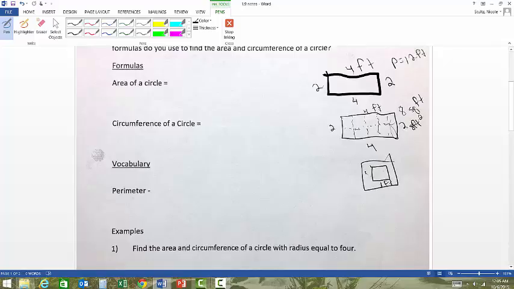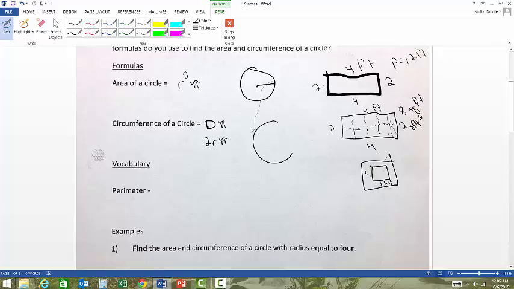When we talk about the area of a circle, as a reminder, our formula is radius squared times pi. When we look at a circle, the radius starts in the center and goes toward the edge. If I want the circumference of a circle, there are actually 2 formulas. I could do diameter times pi, or 2 times the radius times pi.